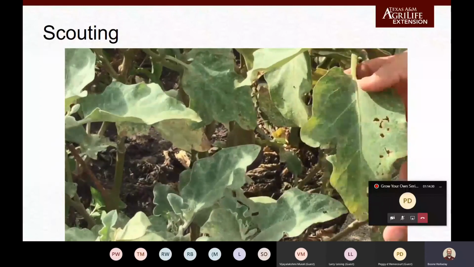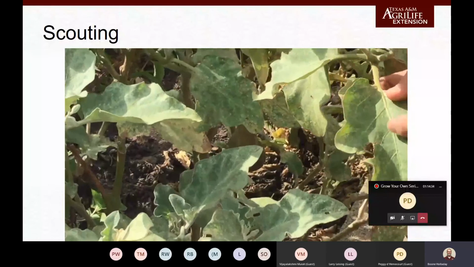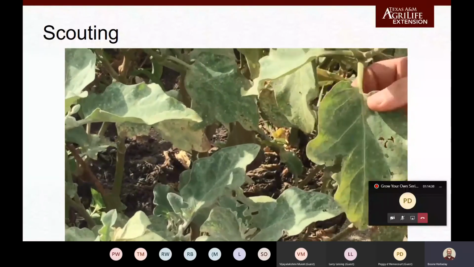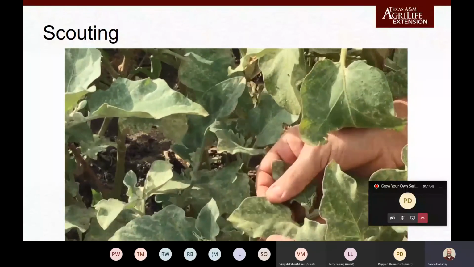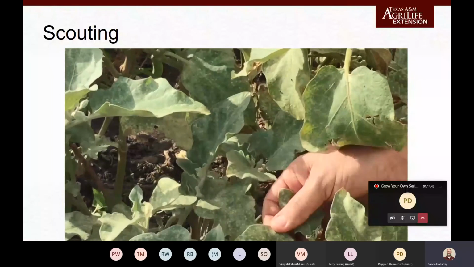As they suck the green pigment tissue out of the leaves, that's what causes the yellow mottling on the top part of the leaf. Like here's a pretty bad one right there. You see it's just losing all of the green pigment on top.